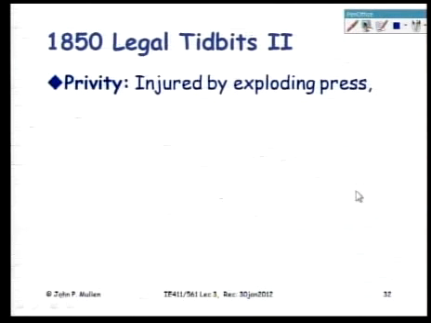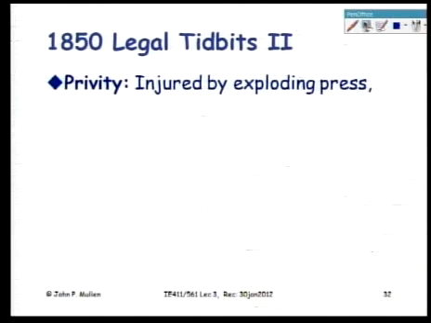A little more. Privity. How many people have heard of privity? Privity is the idea that, okay, if I sell you something, privity exists between us. But if I sell you something and then you sell it to her, privity exists between you and her, but not between me and her.